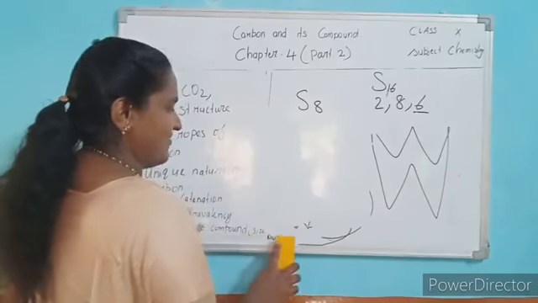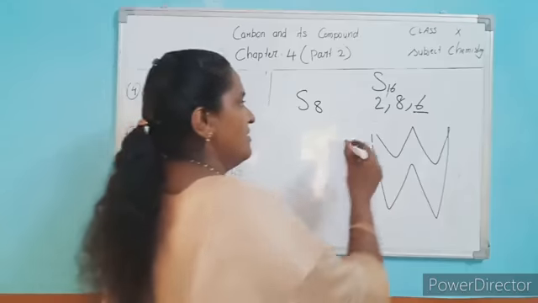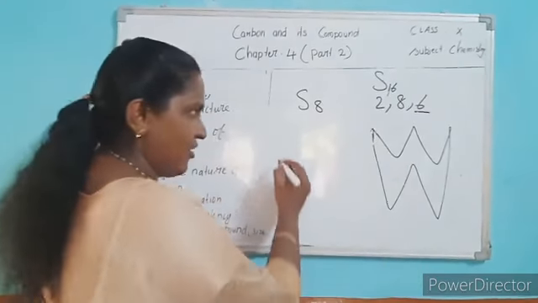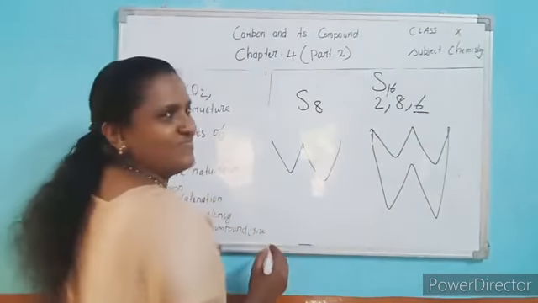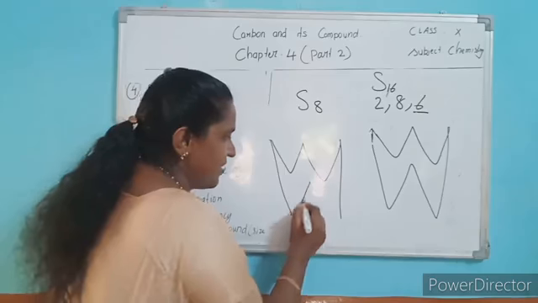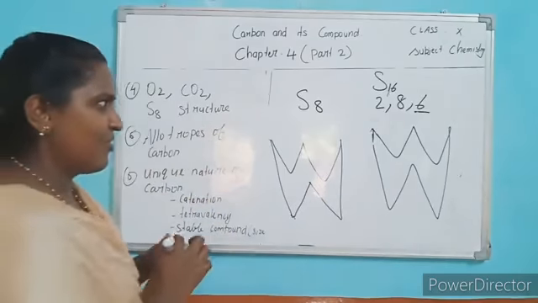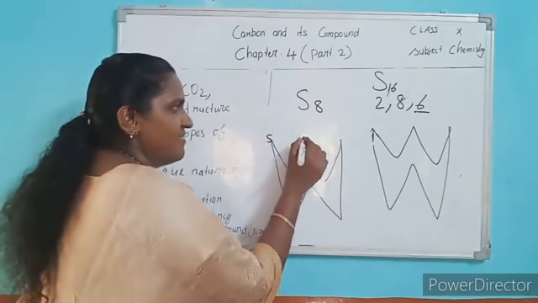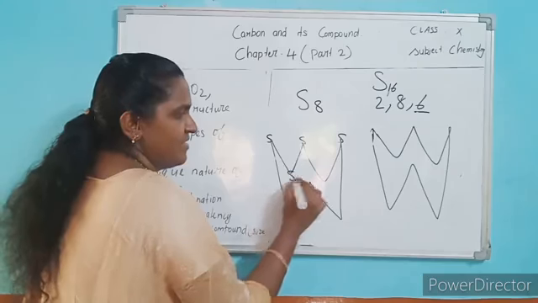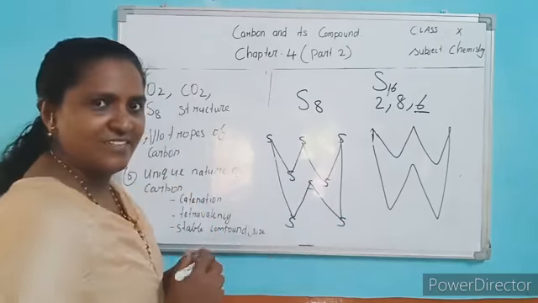Next structure is the crown structure of sulfur. What is that? The crown structure of sulfur. Okay, first you draw a W symbol. Then you draw here one line, then at the center one line, joined. Okay, then you draw a sulfur at each corner. Okay, clear?